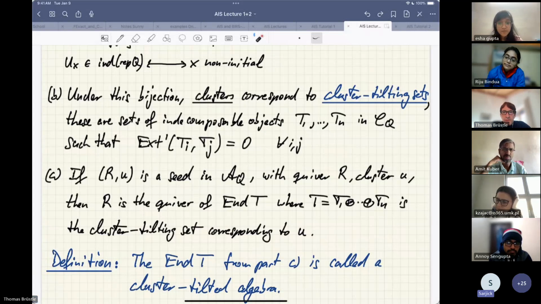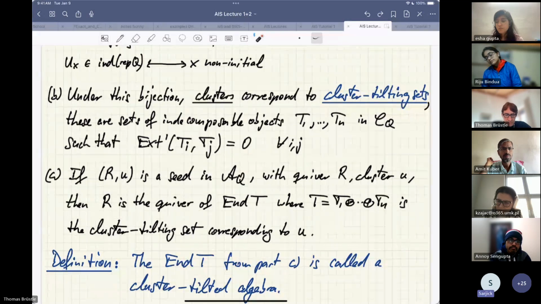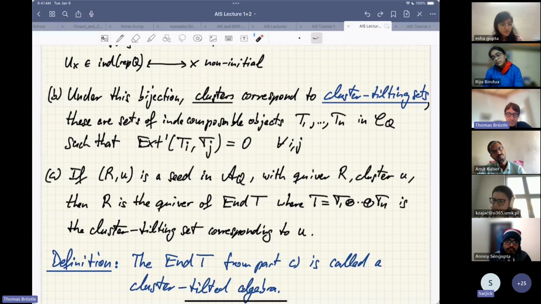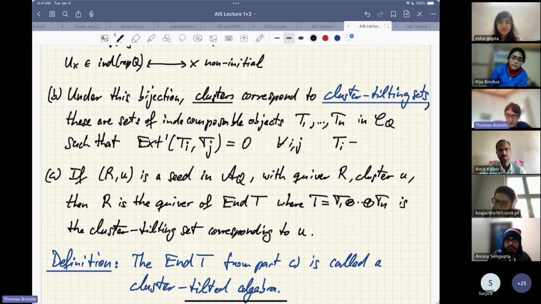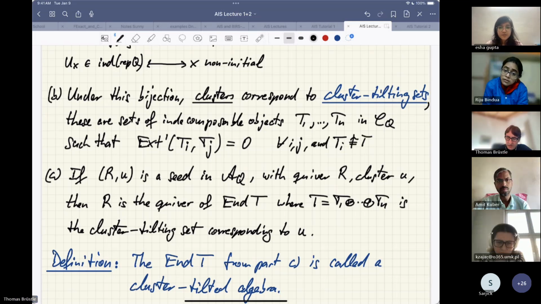All the Ti should come with one multiplicity. I forgot that here. I need to add that Ti is non-isomorphic to Tj for i different from j. Yes, thank you very much.